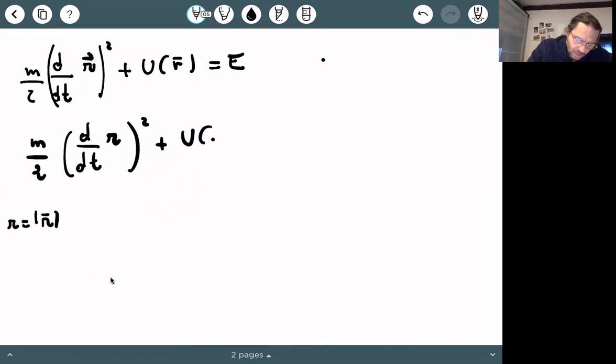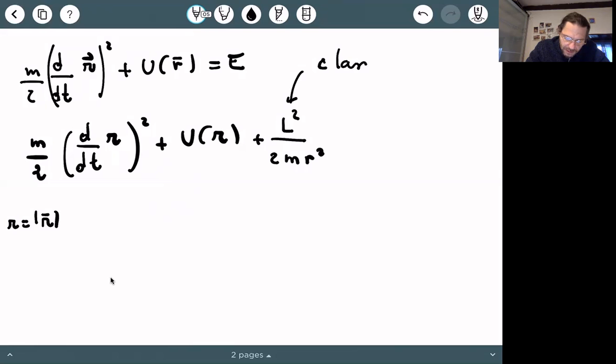The potential part also depended only on the radial part. And all of the angular motion was translated into an effective potential, which involves the classical angular momentum.